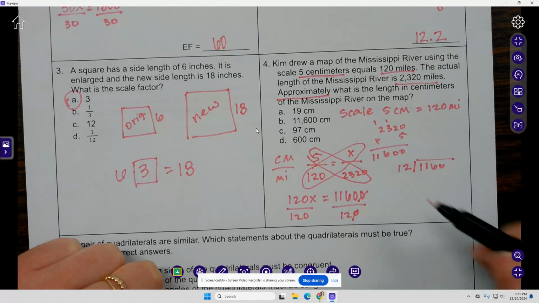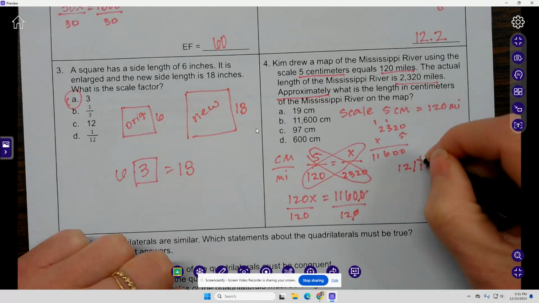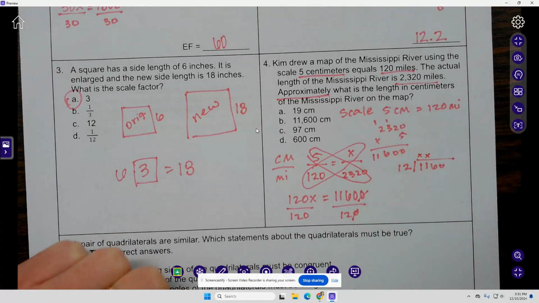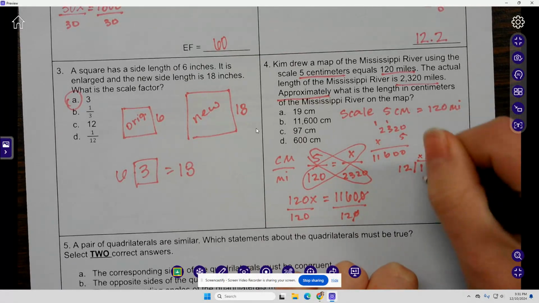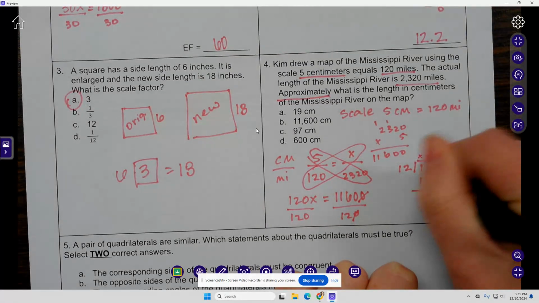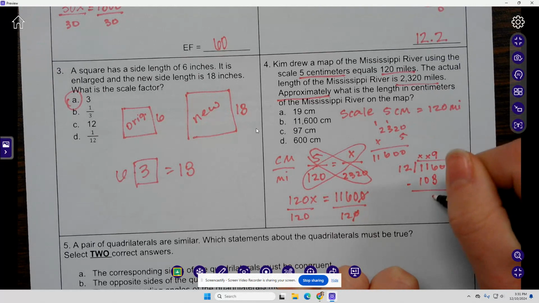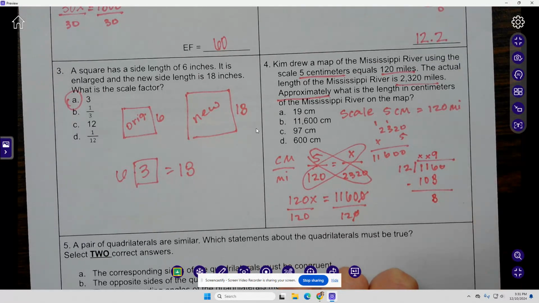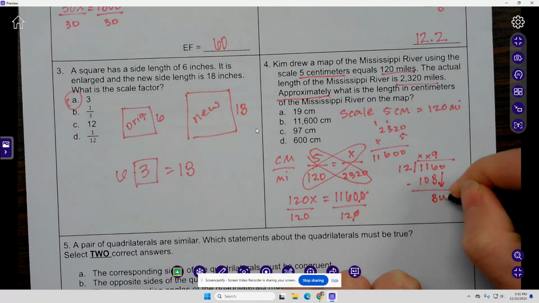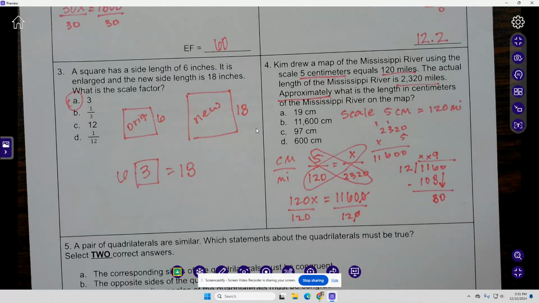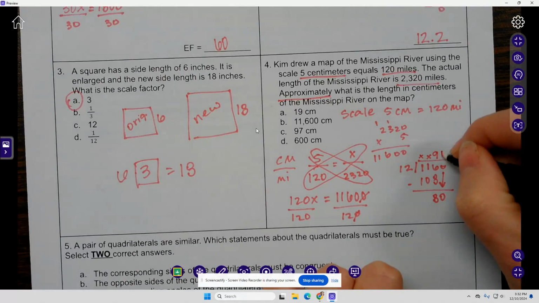Sorry about that. 12 can't go into 1. It can't go into 11, but it can go into 116. So 12 times 9 is 108. So I'm going to subtract and I'm going to get 8. 16 minus 8 is 8. Bring down my 0. 12 can go into 86 times.